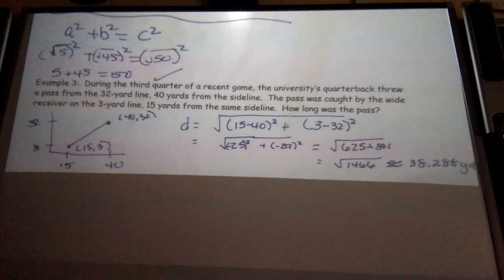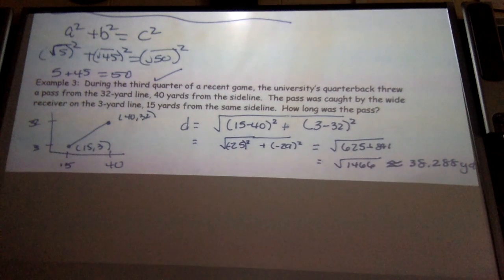Questions there? Yes, ma'am. Why was the 32 on the y-axis? Just because I chose to make this the how far they are from the sidelines at the bottom. Would it make a difference? It wouldn't make a difference which way you did it because you're just doing the difference in the x's or the difference in the y's.